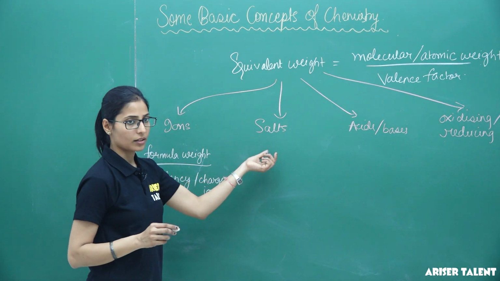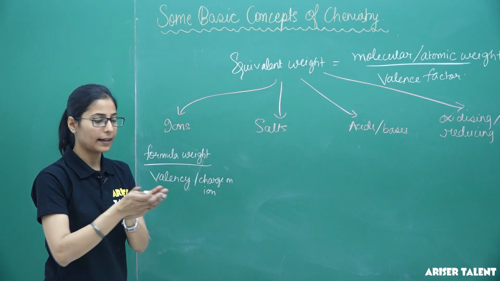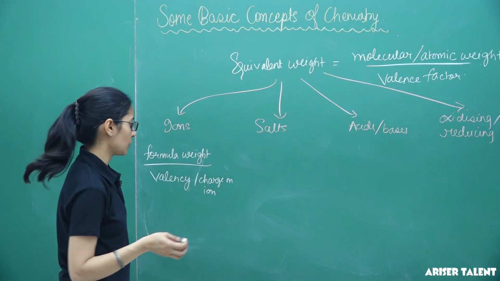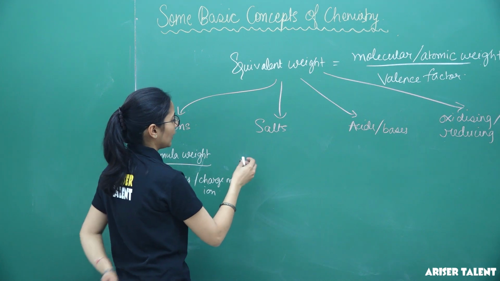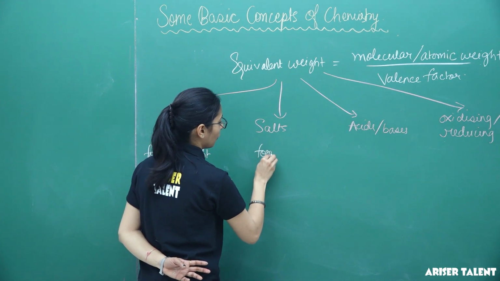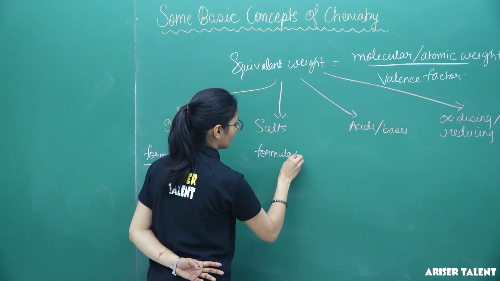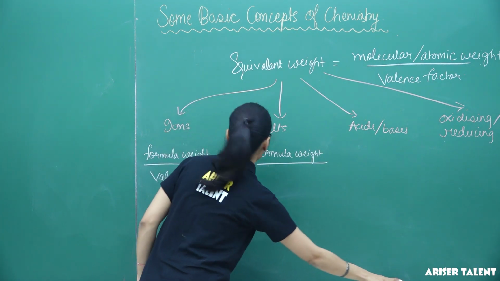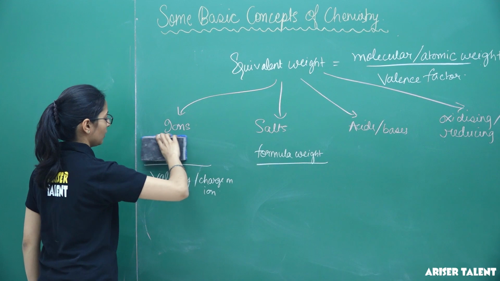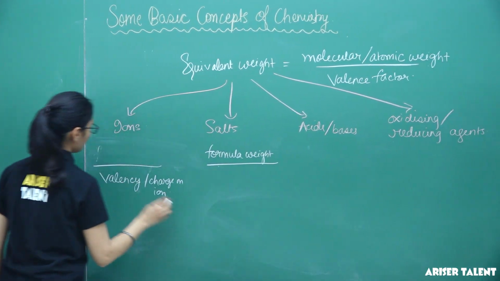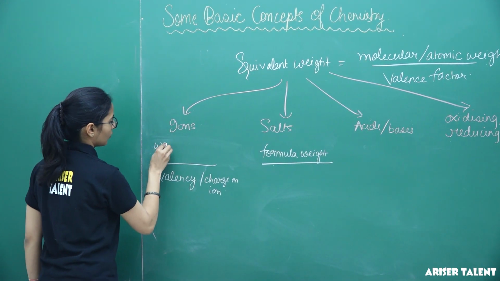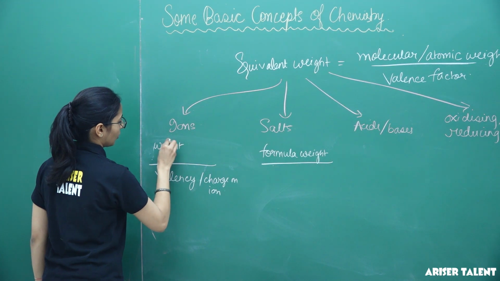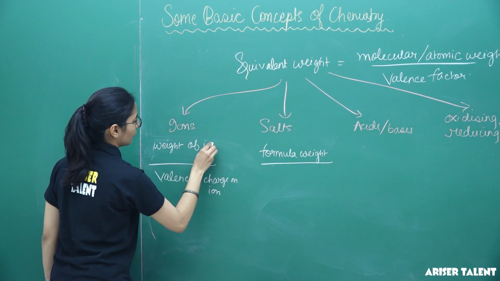Then we have the salt. Salt contains a cationic part and an anionic part. Okay. So, for this the equivalent weight will be the formula weight. Instead of writing this as the formula weight, it is more appropriate to write the weight of ion.